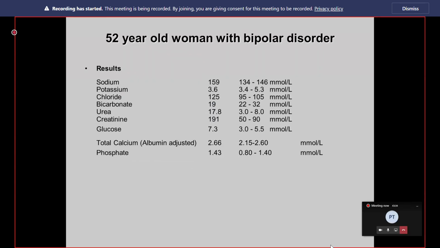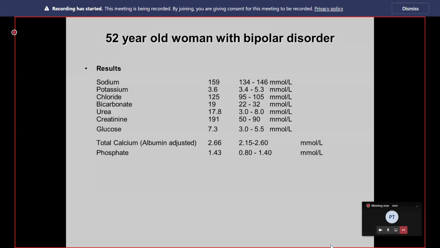We go on to the next case. This is a 52-year-old female with bipolar disorder. Her electrolytes show a very high sodium and high urea and raised creatinine, mildly reduced bicarbonate. You could say that the patient looks very dehydrated.